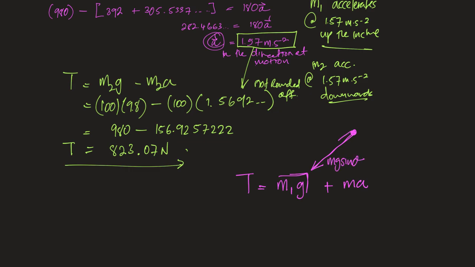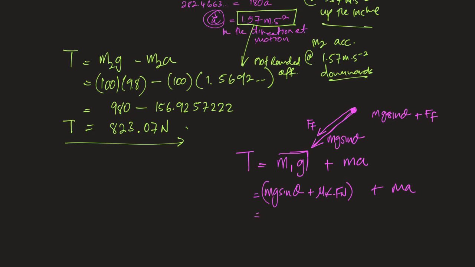And there's another force that's assisting it, which is the force of friction. So this M1G is mg sine theta plus my force of friction. So I'm going to say mg sine theta plus, in brackets, mu k times Fn, plus MA.